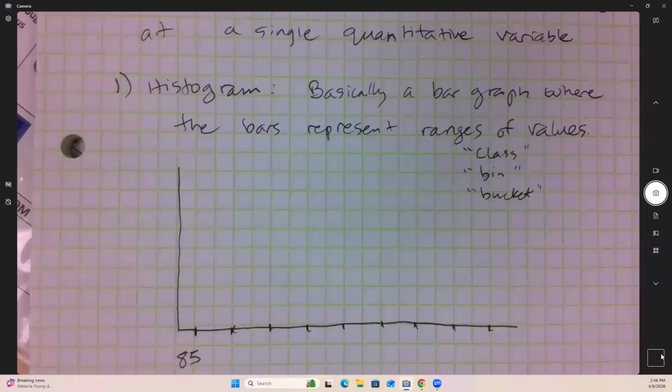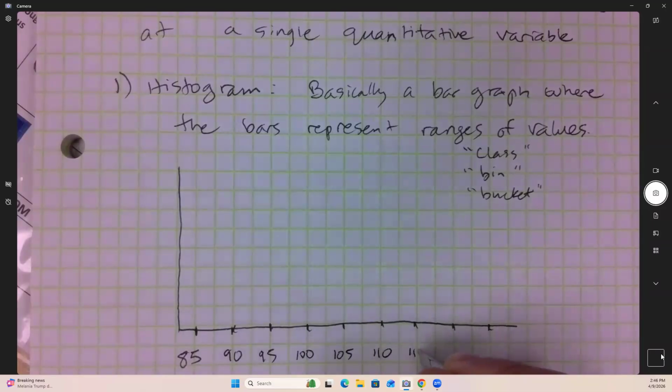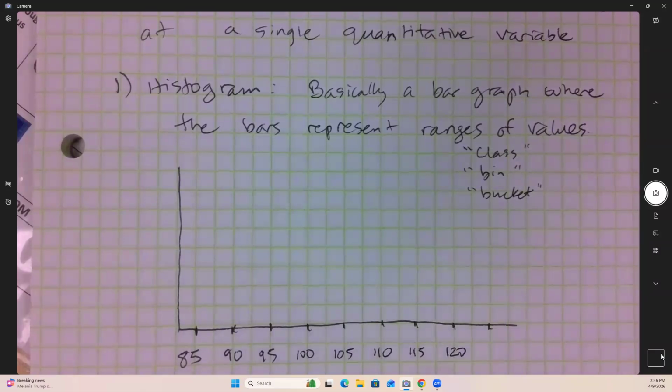In this case, the homework and looking at that range suggests that a class width of about 5 might make some sense. Let's see if I did pretty good. There we go. All right, so 85 up to 120. There aren't any observations more than 120, so I'll stop at 120.